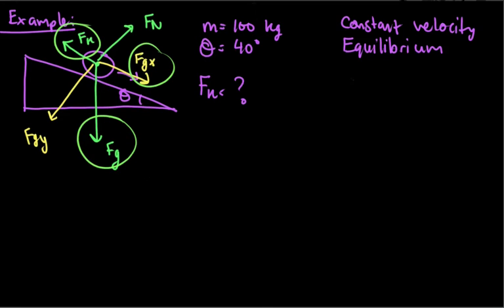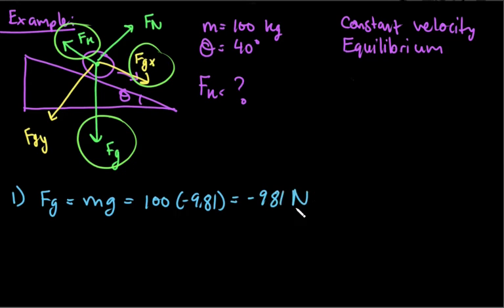So first step is to find our gravitational force. So the gravitational force is your mass times your gravity. In this case, it is 100 times negative 9.81, which gives us a total of negative 981 newtons. From there, we're going to go ahead and use the formula FGX is equal to FG sine theta.